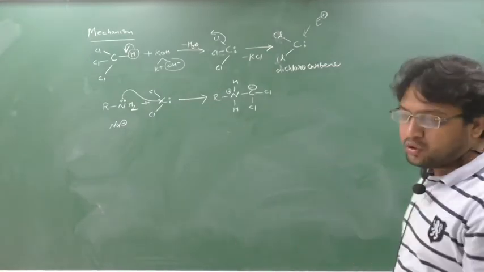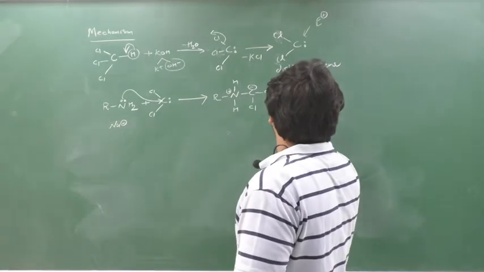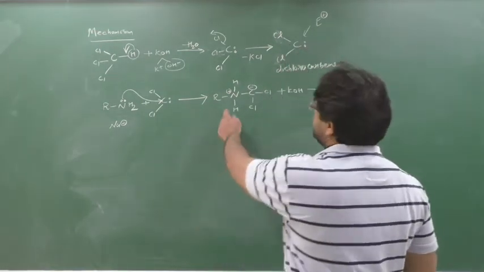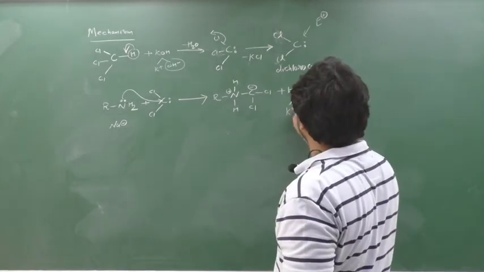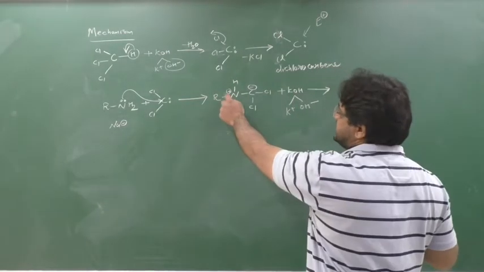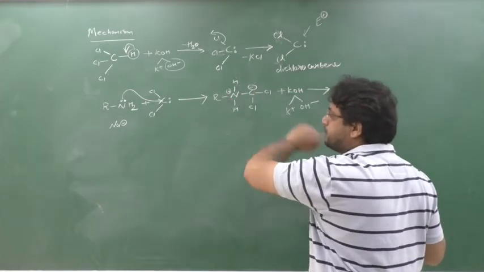Now, one more part of KOH will come, forming K plus and OH minus. This nitrogen has the positive charge. Nitrogen, being an electronegative element, cannot stay with a positive charge.